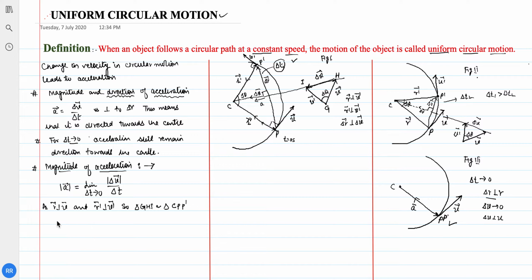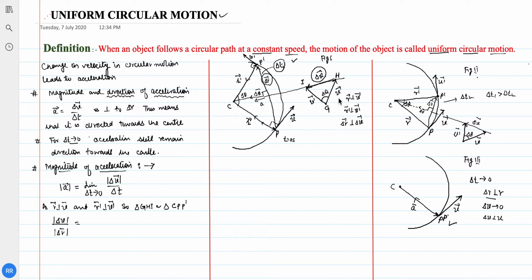So I will try to write delta V vector from this triangle. From this triangle, this side is represented by delta R, the delta R vector.